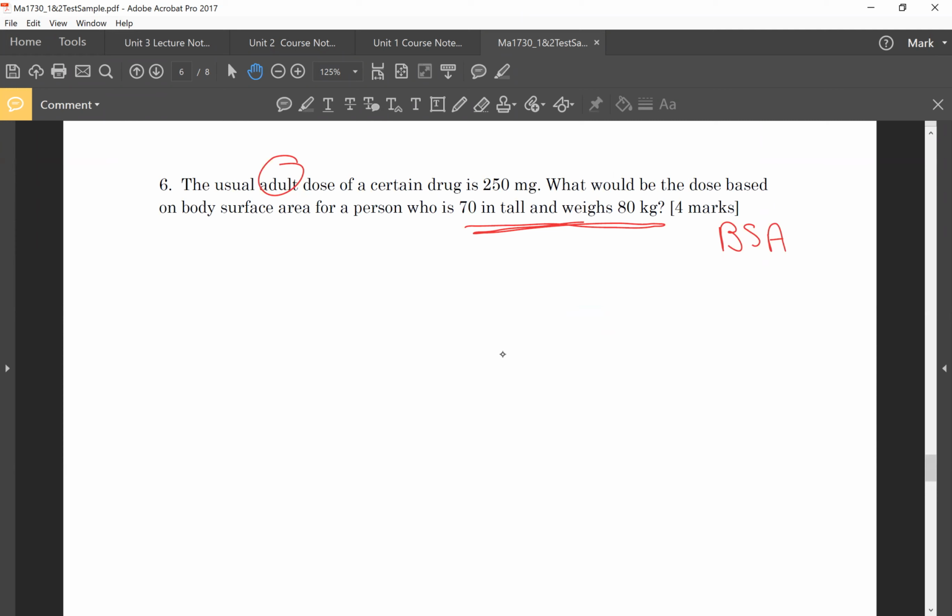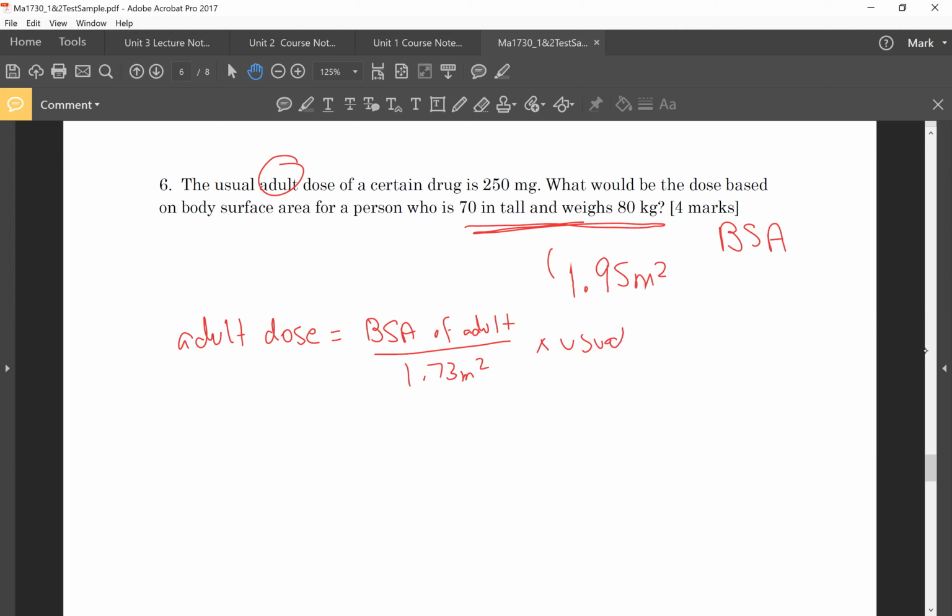So I'll just show you what I did here. I use my formula sheet to do this.